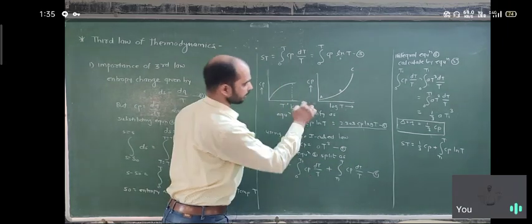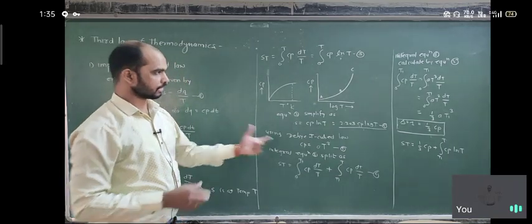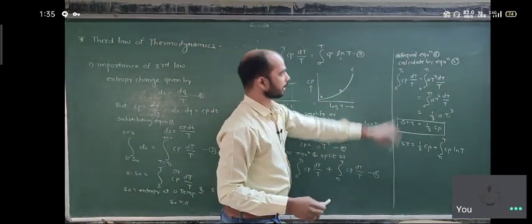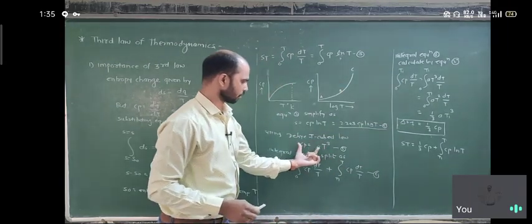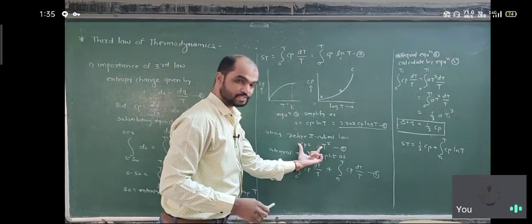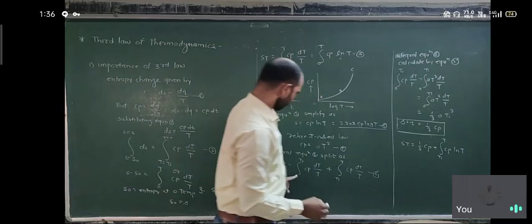So we apply the Debye T cube equation here, and we get the integral equation number 6, which is calculated using equation number 5. So what is equation 6?